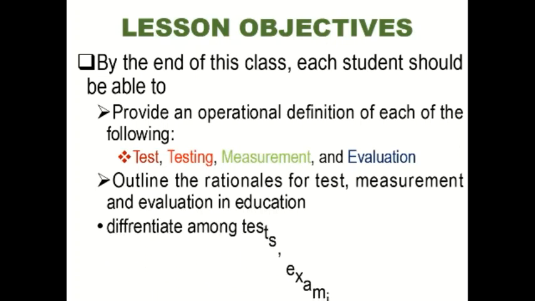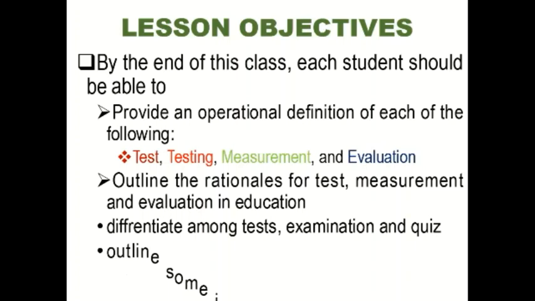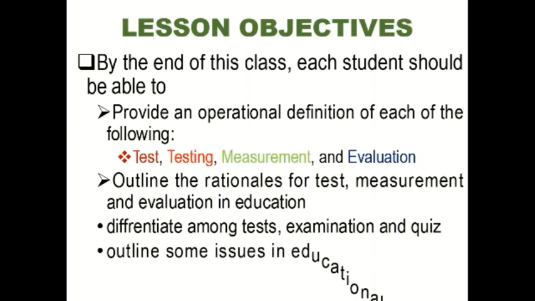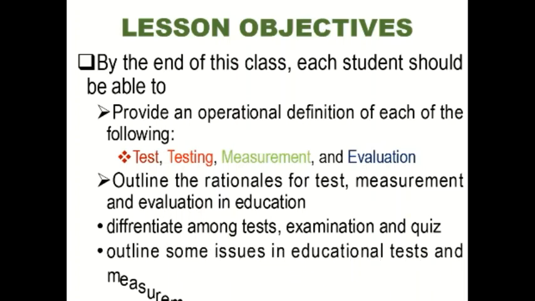You should be able to differentiate among these terminologies: test, examination, and quiz. You do them quite a lot, but what are the differences among them? And of course, you should be able to outline some issues in educational test and measurement. These are the basic objectives for this lesson number 1.